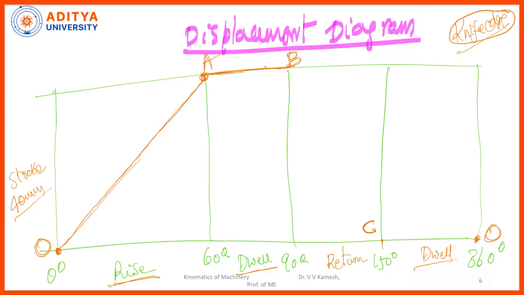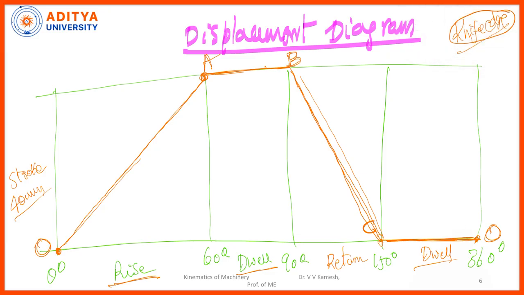So, A to B, it is the dwell. So, from B to C, what is this? It is getting down, the follower is coming down at uniform velocity again. So, I need to draw another horizontal line here, B to C. Now, from C to O, again it is a dwell, there is a horizontal line same.